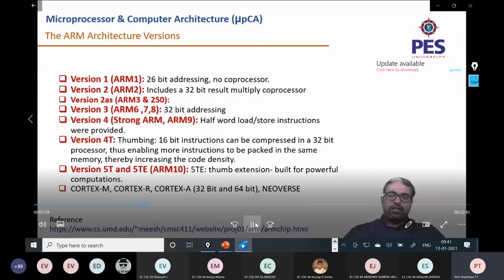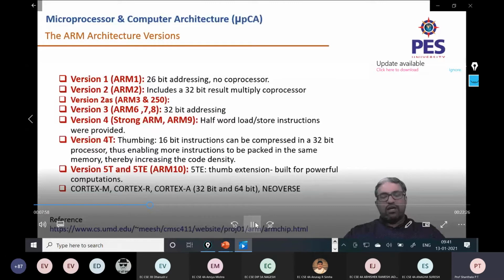Right. So what is available in the market? We have different versions of the ARM processor, starting with version 1, ARM1 with 26-bit, and from the ARM2, we have a 32-bit processor.